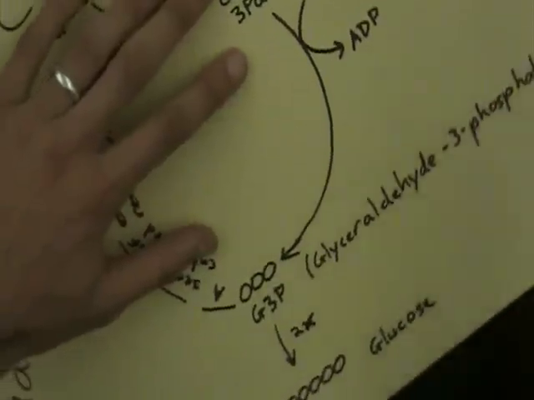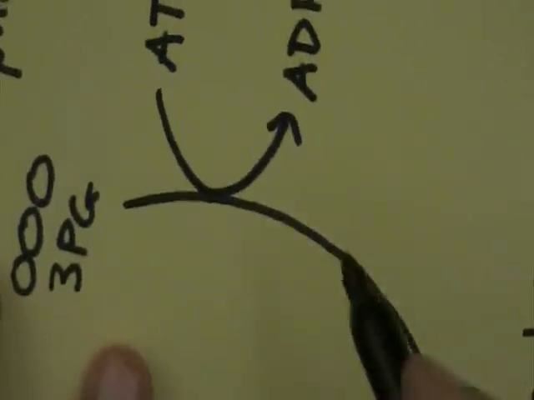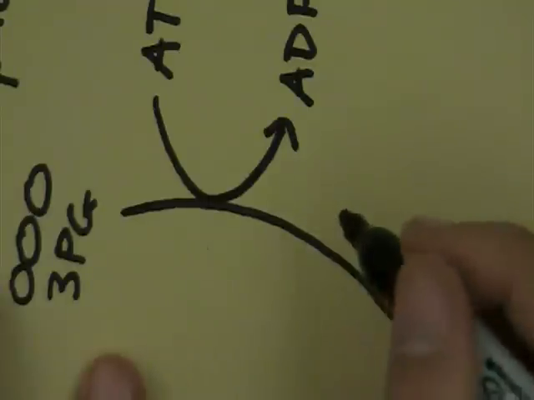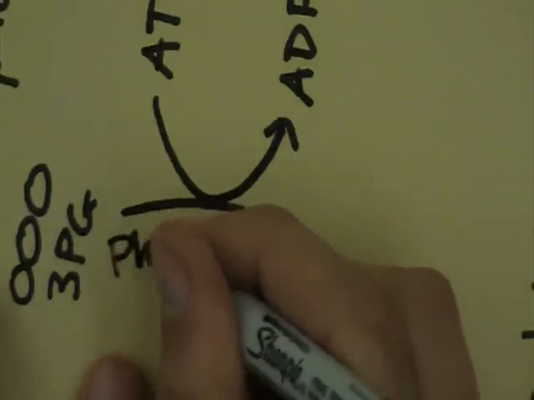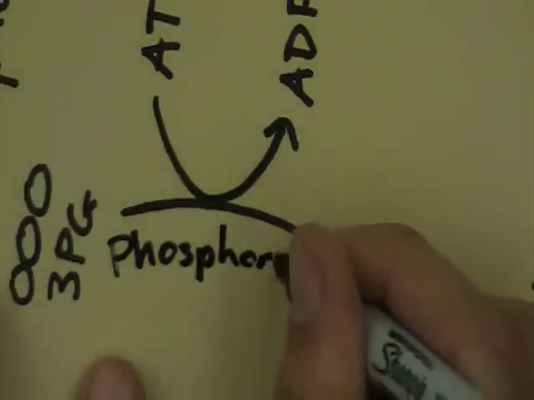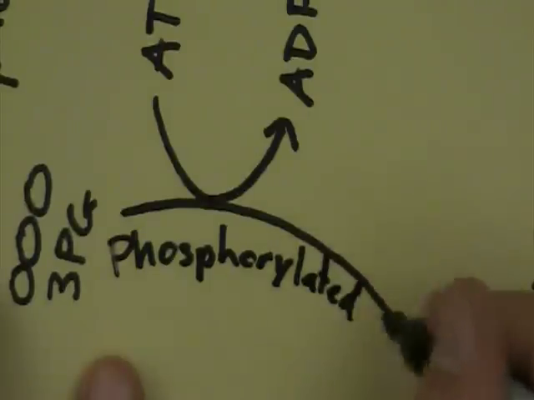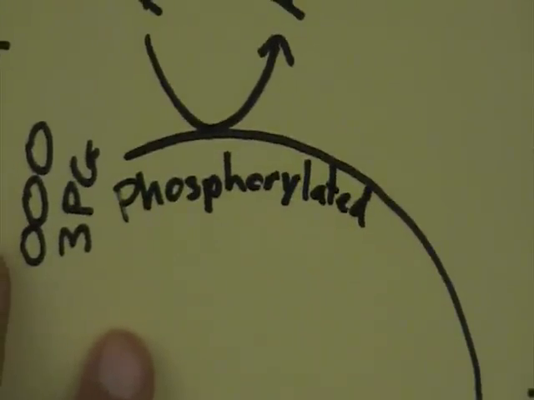So I'm just going to write on the inside of the circle at this point the name of this process. This is phosphorylation. Okay, it is phosphorylated.